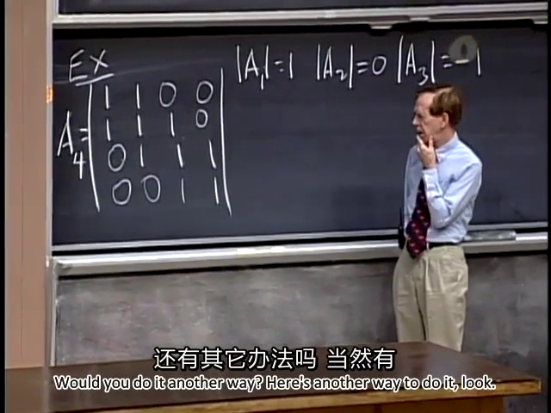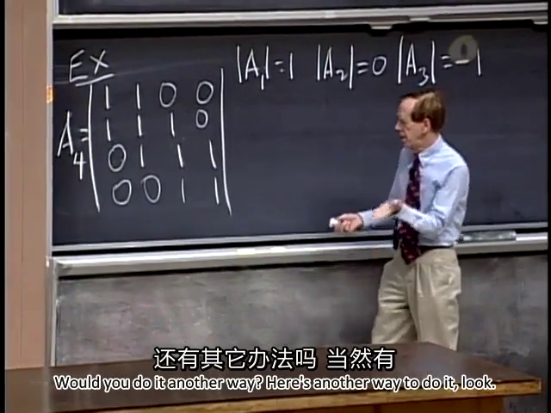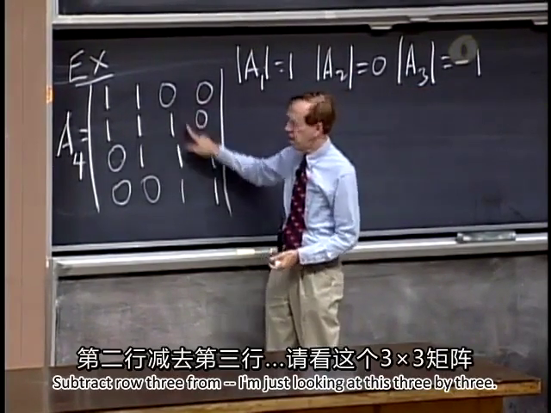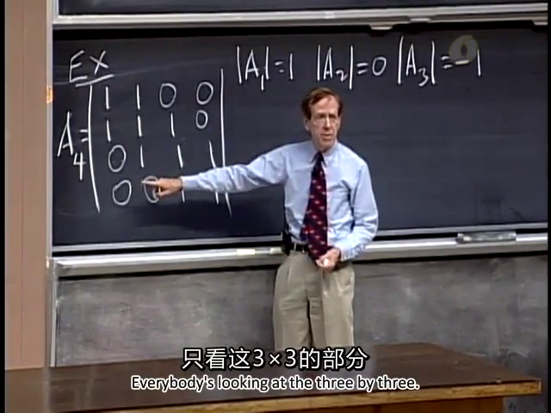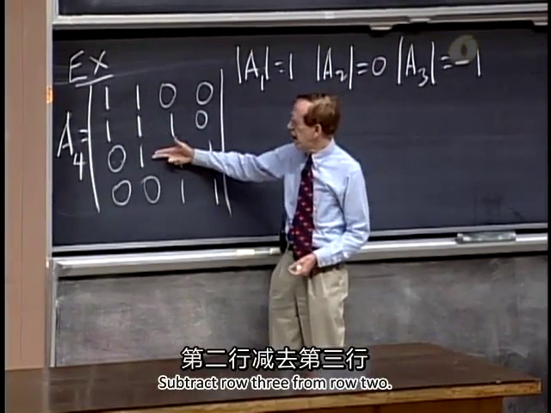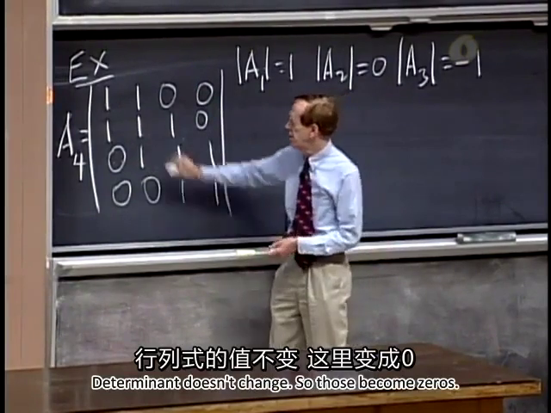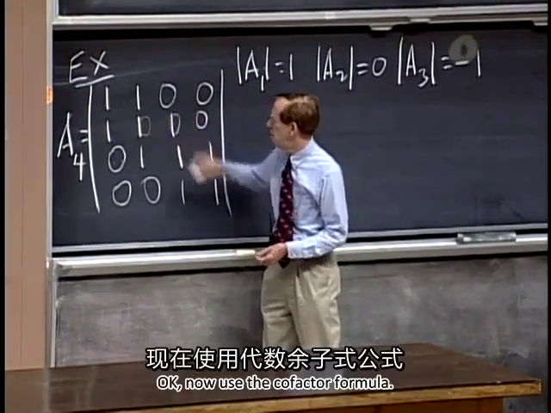Would you do it another way? Here's another way to do it. Look, I'm just looking at this 3 by 3. Everybody's looking at the 3 by 3. Subtract row 3 from row 2. Determinant doesn't change. So those become zeros.